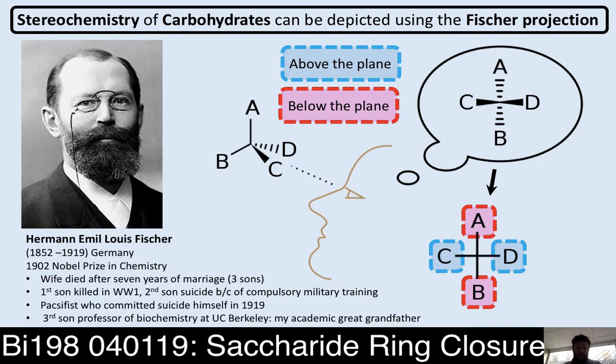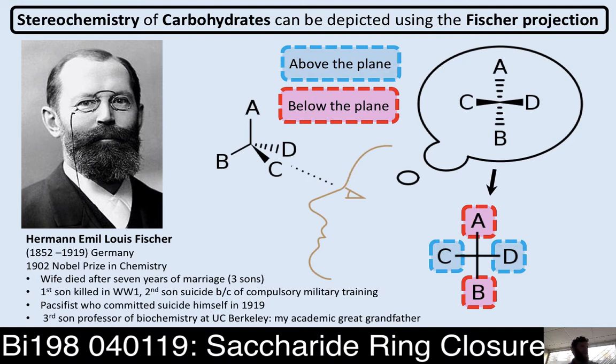And so he just said, well, when you draw something, I'm going to draw these sugars, and the way I draw them, I'm going to have a linear chain going up and down of carbons and things sticking out from the side. And when I do, I know that the things sticking out to the sides are pointing towards me, and the things in the chain, the vertical chain, are pointing away from me.